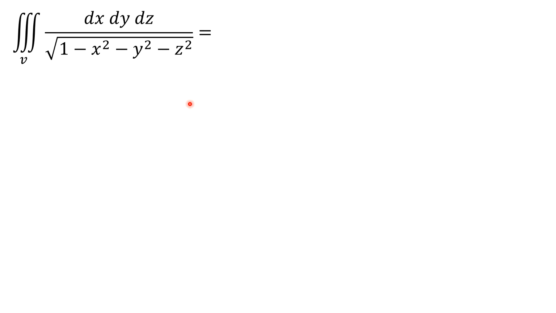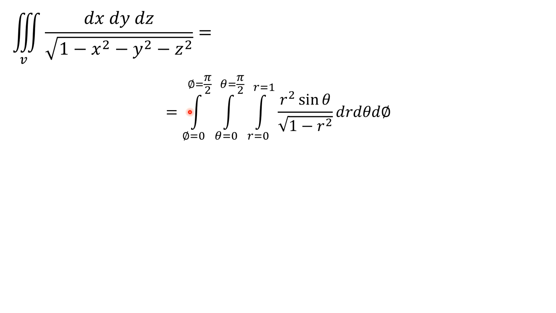So this triple integral becomes: phi varies from 0 to pi by 2, theta varies from 0 to pi by 2, r varies from 0 to 1.